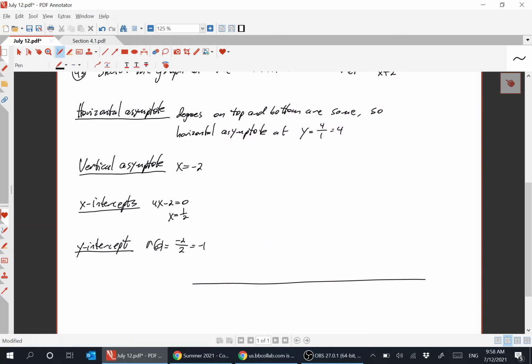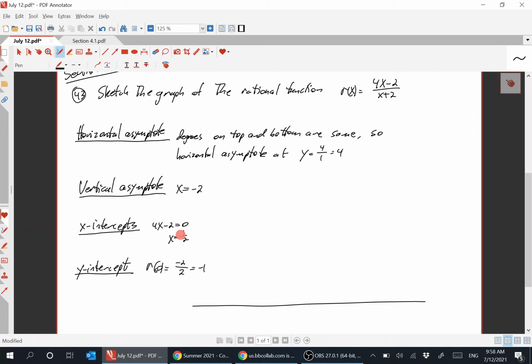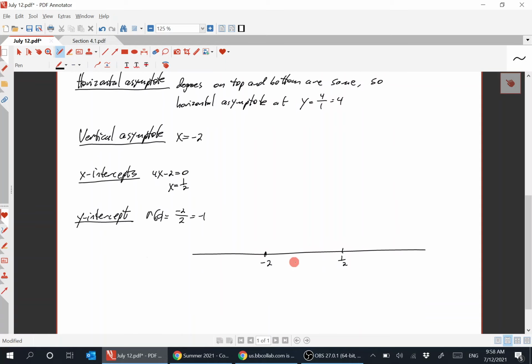We have the x-intercept, where the numerator is equal to 0, at x equal to 1/2, and we have a vertical asymptote at x equal to negative 2, where the bottom is equal to 0. At these points, the rational function can flip from being positive to negative.